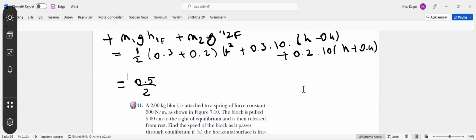I will write its result. Is it 0.025? No. My brain, I think, doesn't work. I guess it will be... Give me a second.